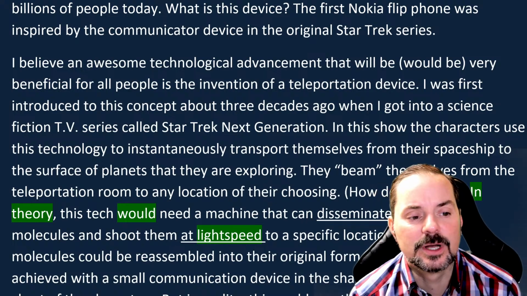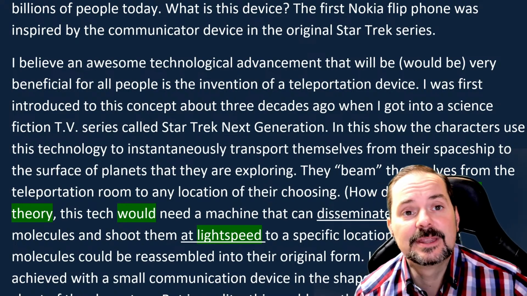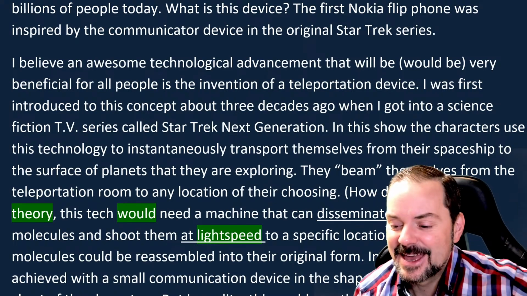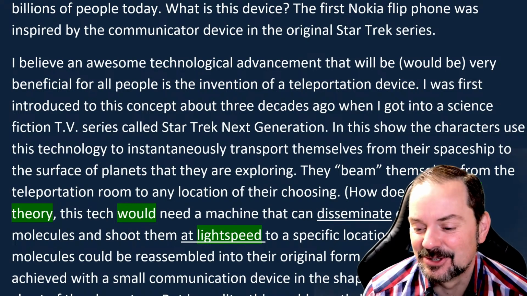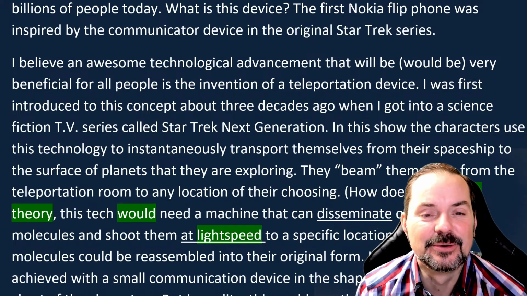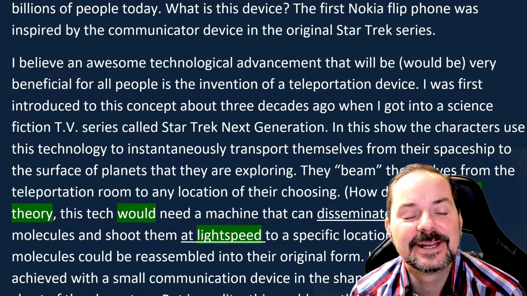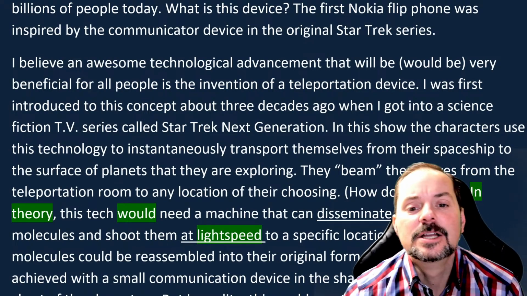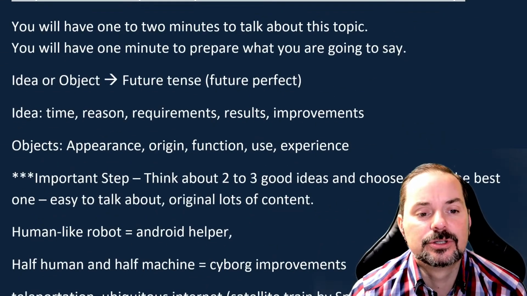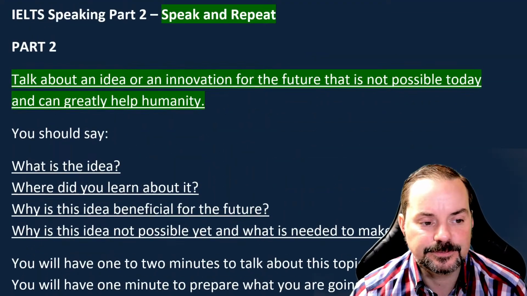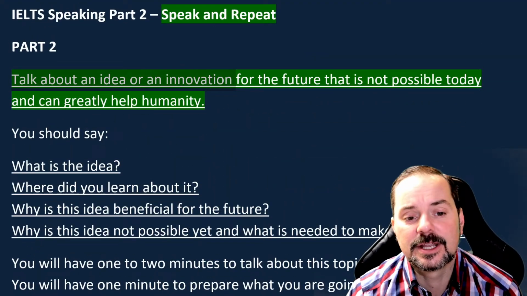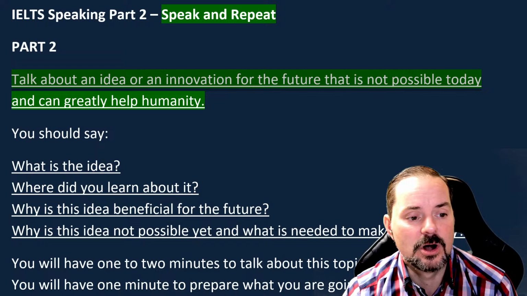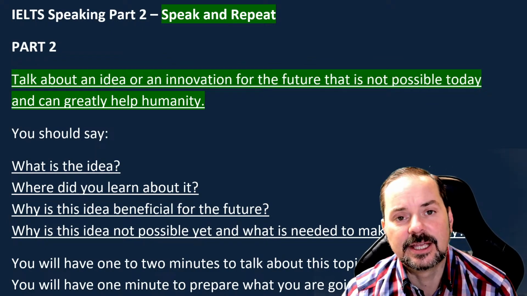Here we go, everyone. So I'm going to go through this, copy this, repeat after me, and then I'll give a chance to our members, our viewers, to give some exciting and interesting answers to this cue card using the website. So again, this part 2 cue card is talk about an idea or an innovation for the future that is not possible today and can greatly help humanity.